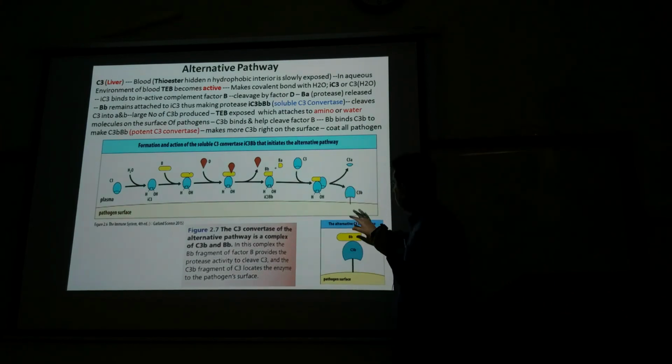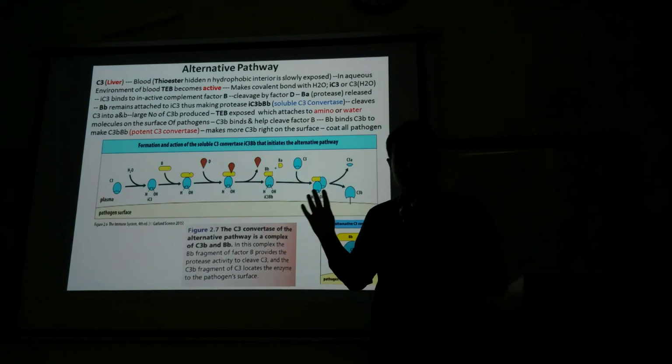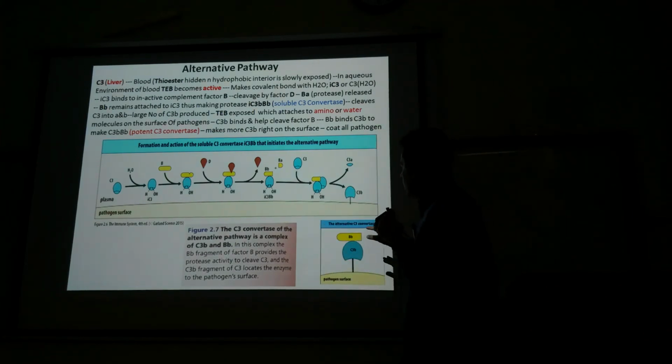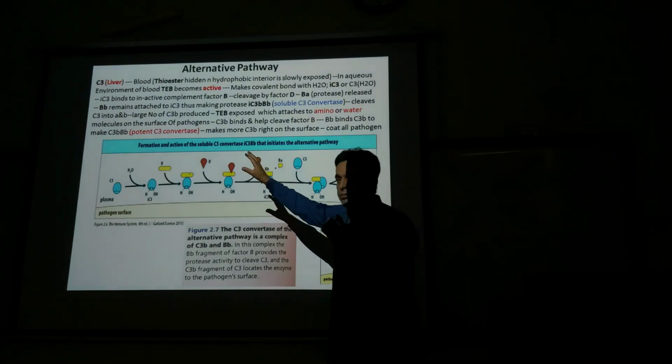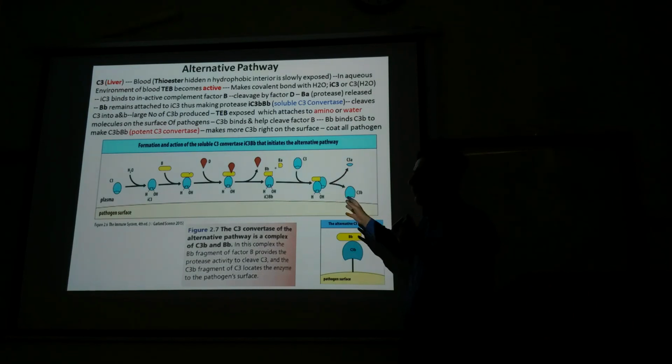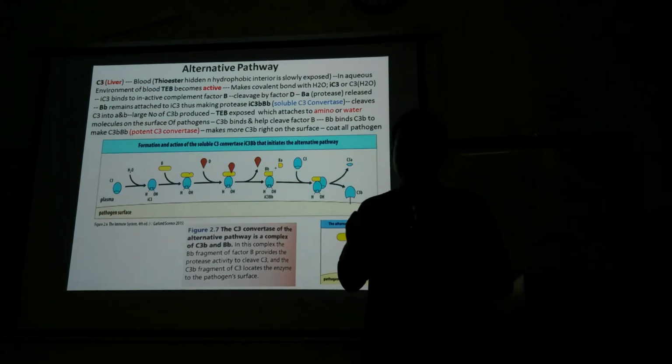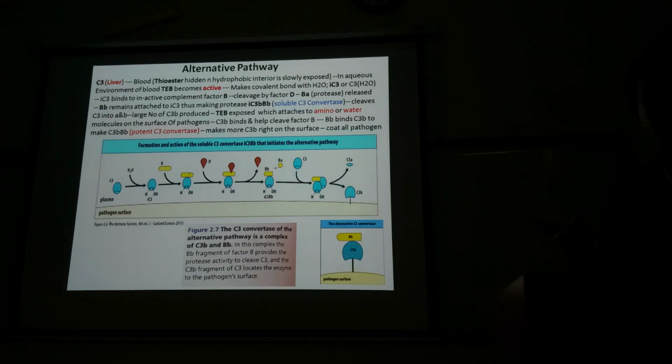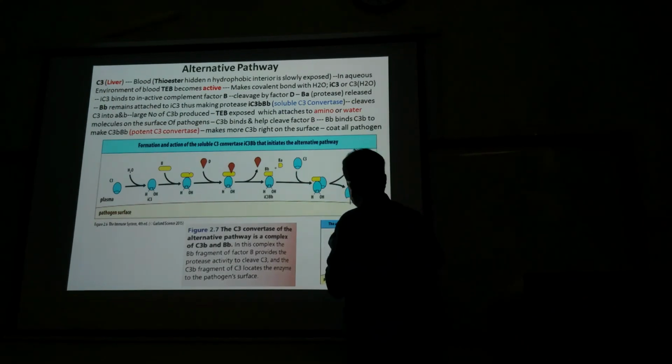And this part, the C3b, which is now bound to the pathogen, again would undergo the same process, binding factor B, and factor B would be cleaved into two parts, and one part of the factor B would remain bonded to this particular C3b. This is a stable or potent C3 convertase. C3 convertase means an enzyme that can convert C3 into parts, or which can cleave C3 into parts.